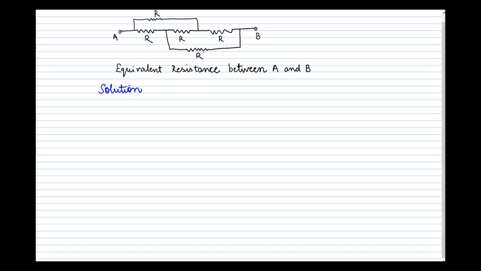So we have a pair for this resistance, and similarly a pair for this resistance. These are the 2 resistances connected in parallel, and these are the 2 resistances connected in parallel. So we can draw it somewhat like this.